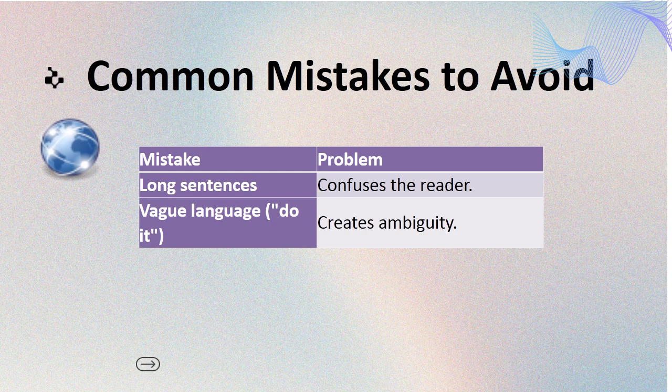Instead of "do the thing," say "select the file menu," or clarify directly what action should be done. Avoid long sentences because the user may not understand the meaning, and avoid vague language. You should mention what should be done, using the appropriate verb and the appropriate object.